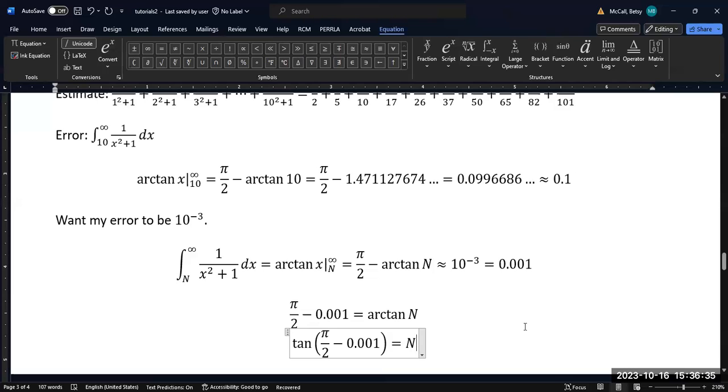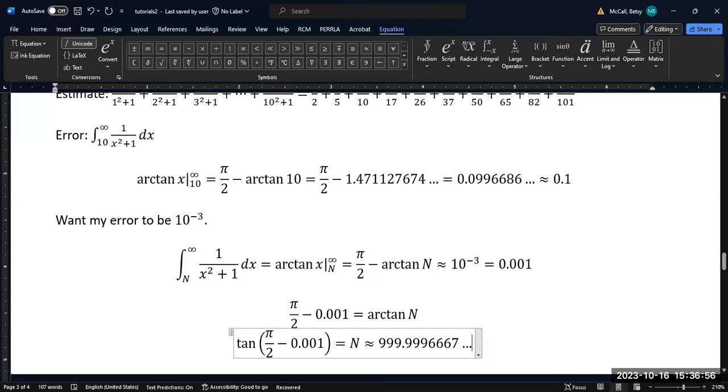Well, let's just retype it to make sure it's correct. Pi over 2 minus 0.001, the tangent of that difference. And I get approximately 999.9996667.